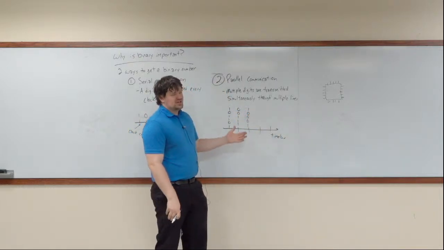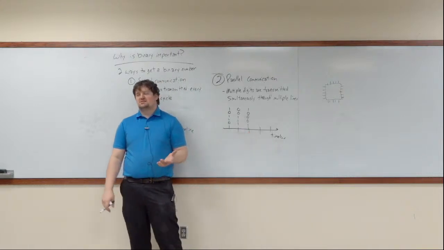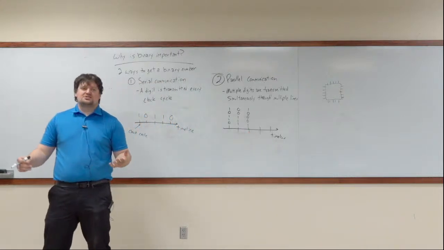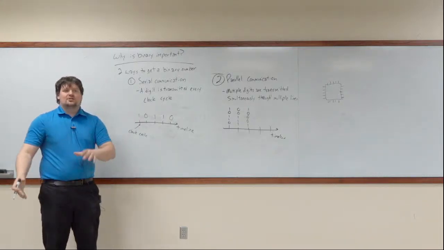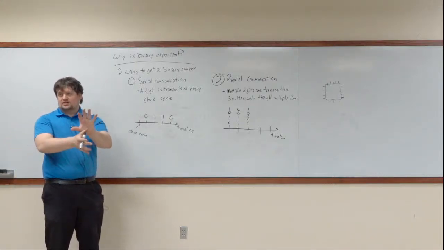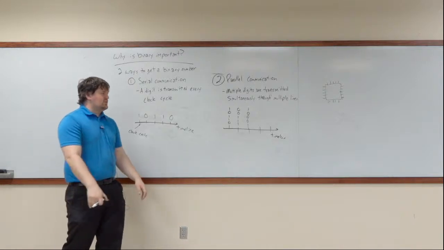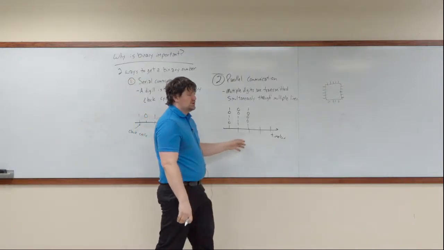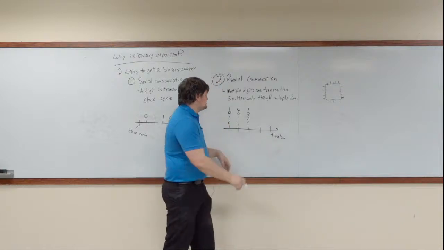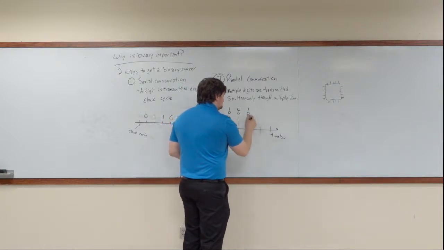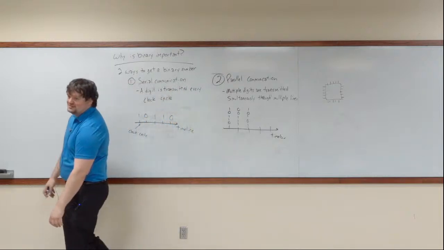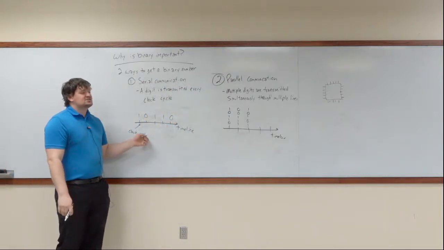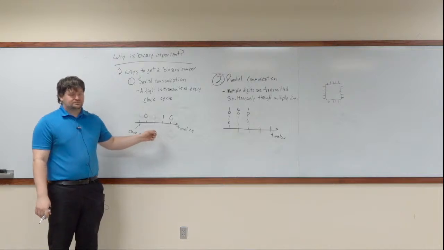Parallel communication tends to be a lot more complex because it requires you to send all information, and every single clock cycle, it reads everything. Every one of your components has to exist on that clock cycle, or else if you screw up one digit, it screws up everything. So serial communication tends to be a lot simpler.